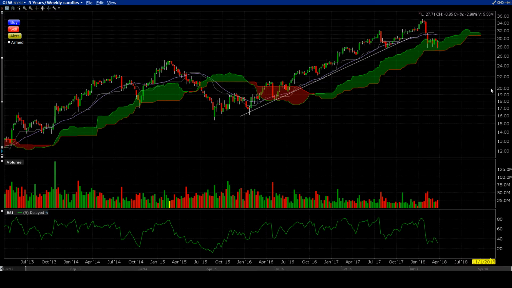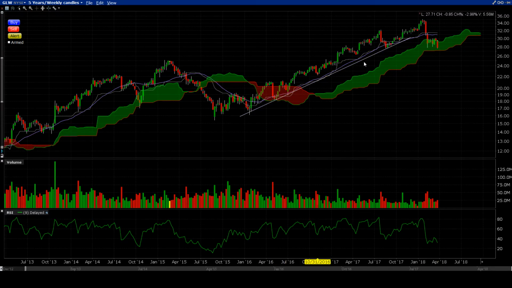So from 20 to 22 is 10%. It's going to be the same distance as another 10% move there. So for the stock to gain 100%, it would have to go from, let's say, 36 to 72, and that would be the same as going from 12 to 24.